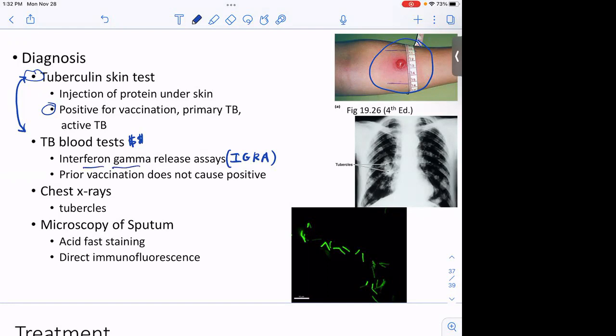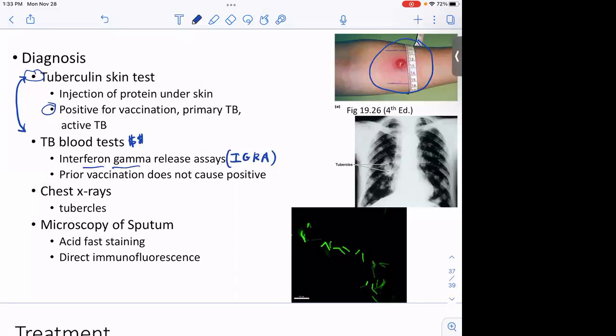And we don't really talk about that, but apparently T cells release interferon gamma when they have been exposed to this organism, Mycobacterium tuberculosis. So they will take some of a patient's blood, mix it with the organism, and if the T cells in the blood recognize it, they'll release interferon gamma.